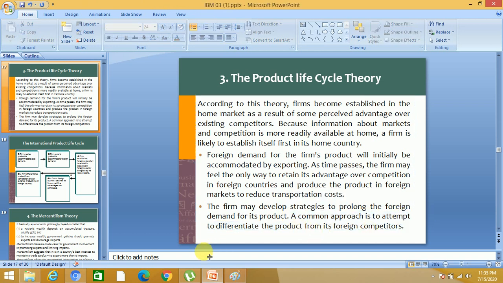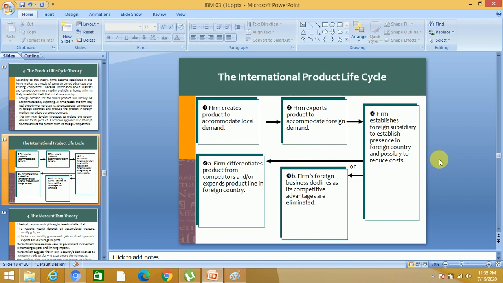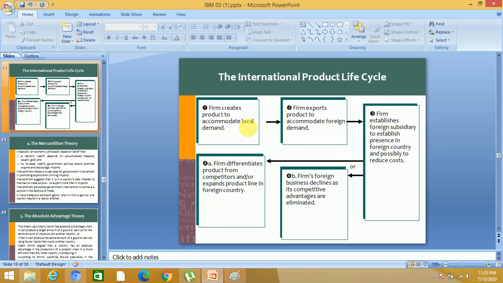Otherwise, they will be out of the competition. This is basically called product life cycle theory. And these are different stages of the life cycle: first stage, second stage, third stage, then the fourth stage, 4A and 4B.